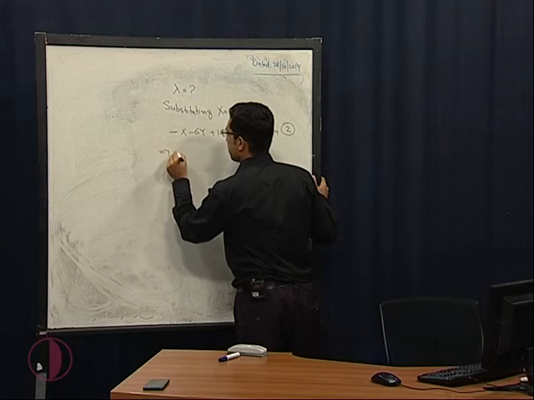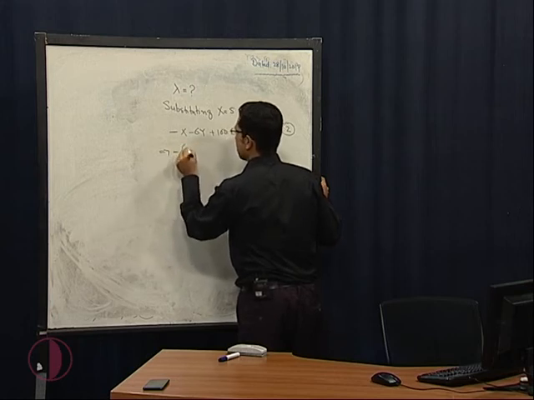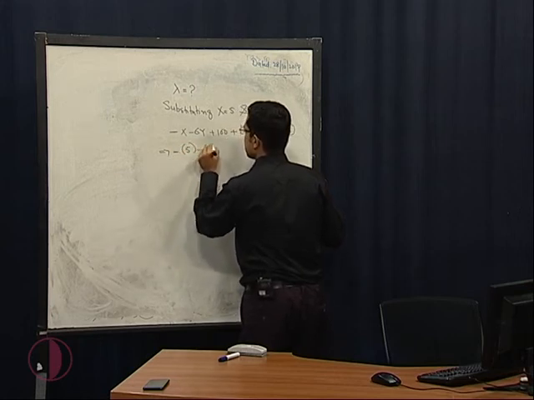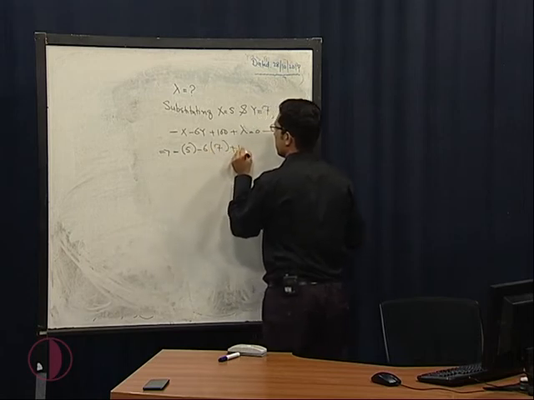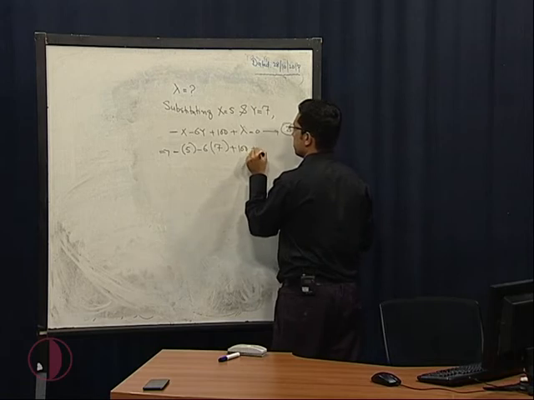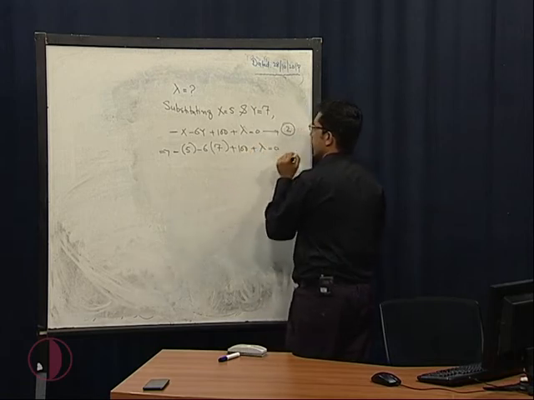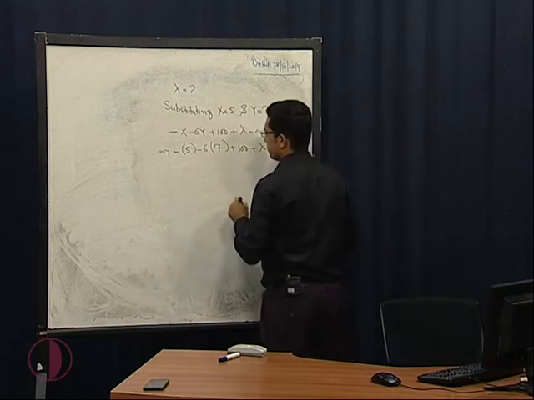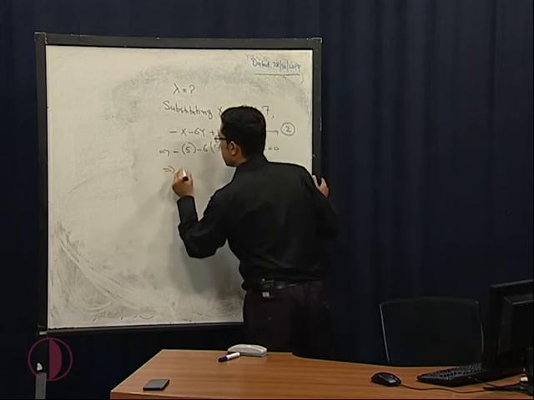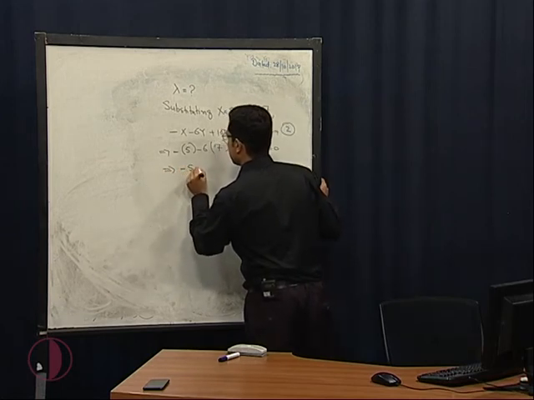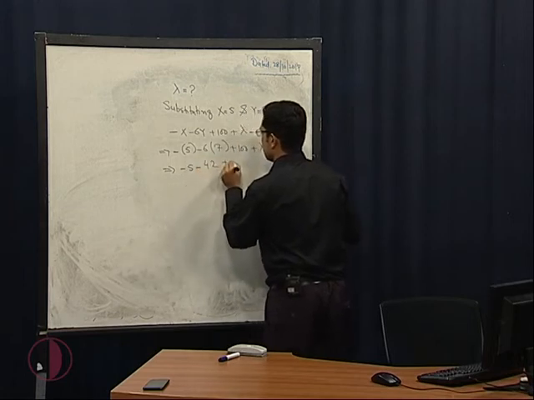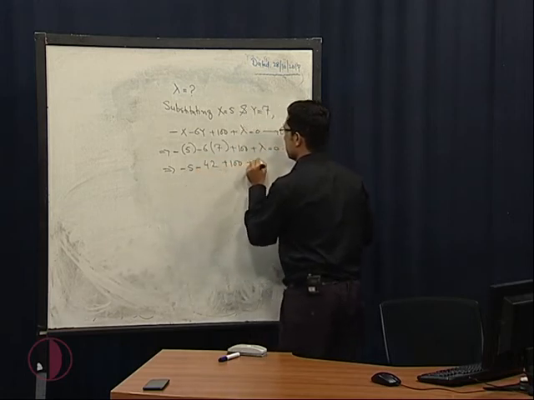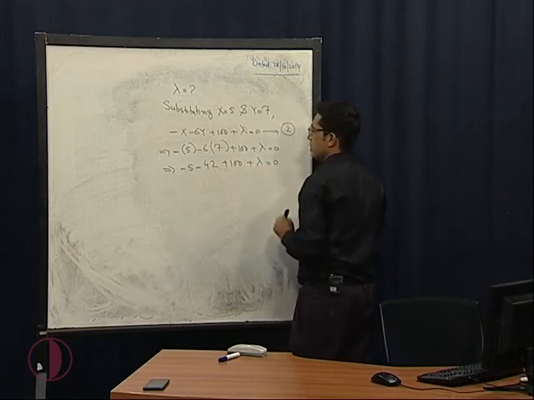This implies that minus 5 minus 6 times 7 plus 100 plus lambda is equal to 0. This implies that minus 5 minus 42 plus 100 plus lambda is equal to 0.